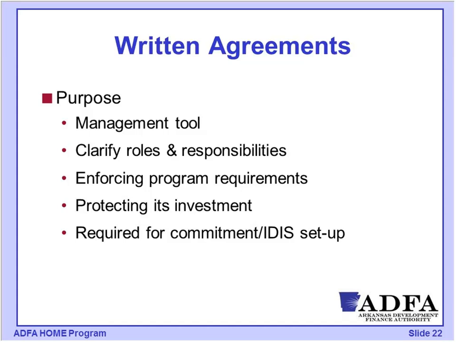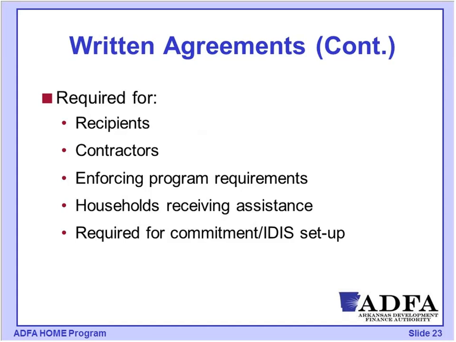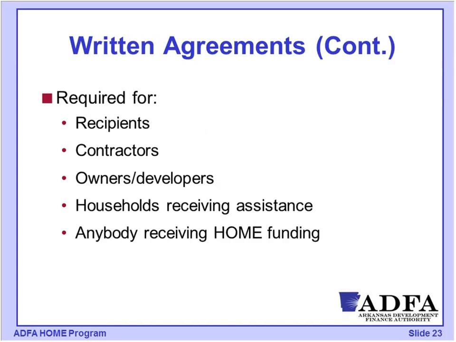Having that written agreement in place is part of setting up that project, committing the home funds to the individual project. And some of that information gets plugged into IDIS in setting up the ADFA commitment of money to a specific use. So that written agreement is going to be essentially required for anyone that's receiving funds.